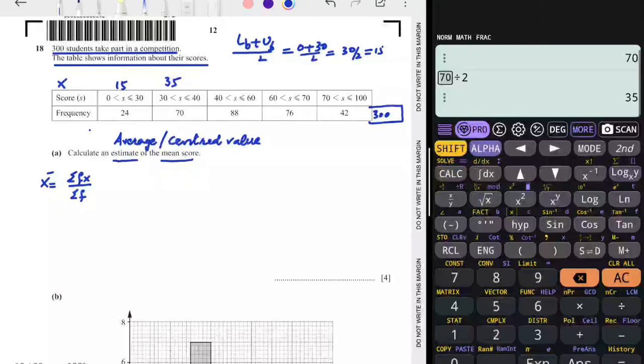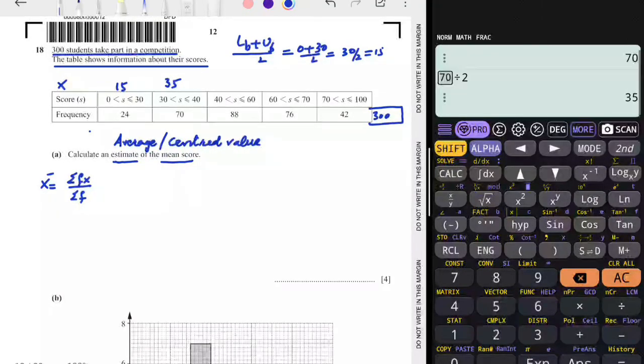Then 40 plus 60 is 100 divided by 2 is 50, and 60 plus 70 is equal to 130 divided by 2. It would be 65, and 70 plus 100 is 170 divided by 2. It is 85.